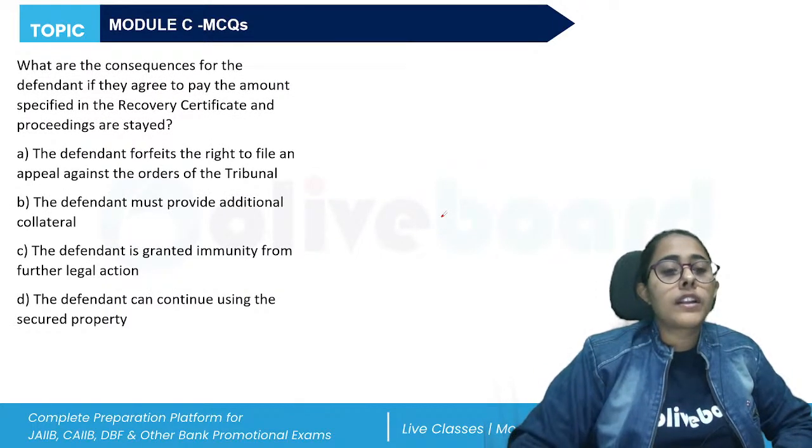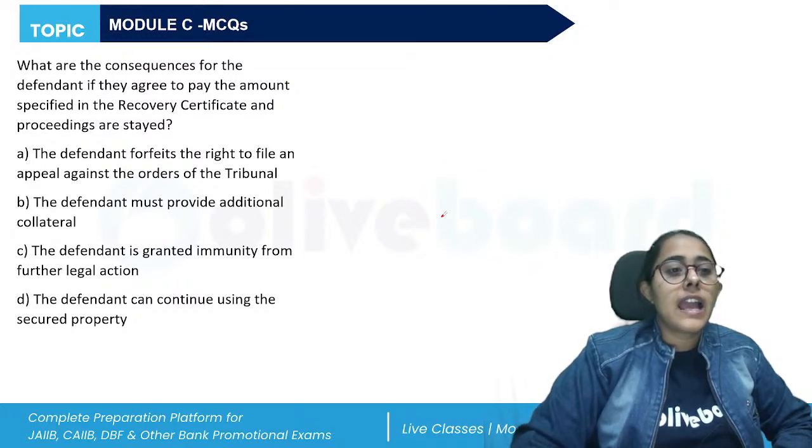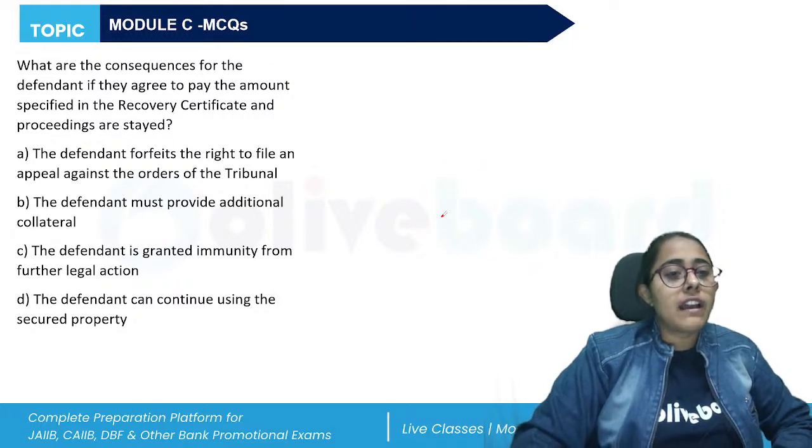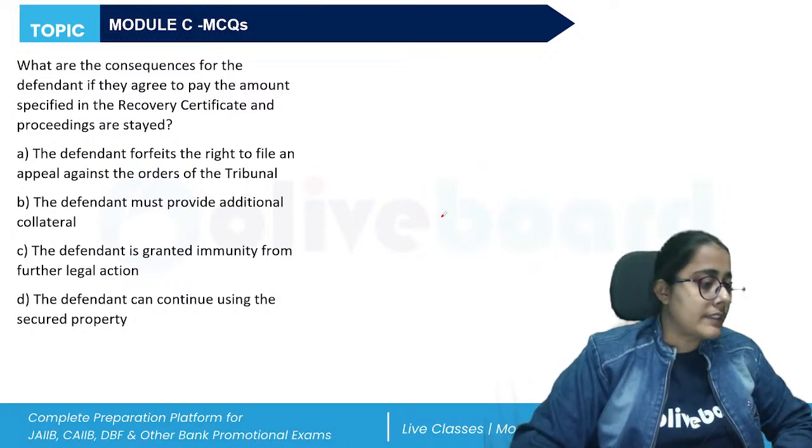Next, what are the consequences for the defendant if they agree to pay the amount specified in the recovery certificate and proceedings are stayed? So if the defendant agrees that they will pay the amount that is specified in the recovery certificate, then what will be the consequences?